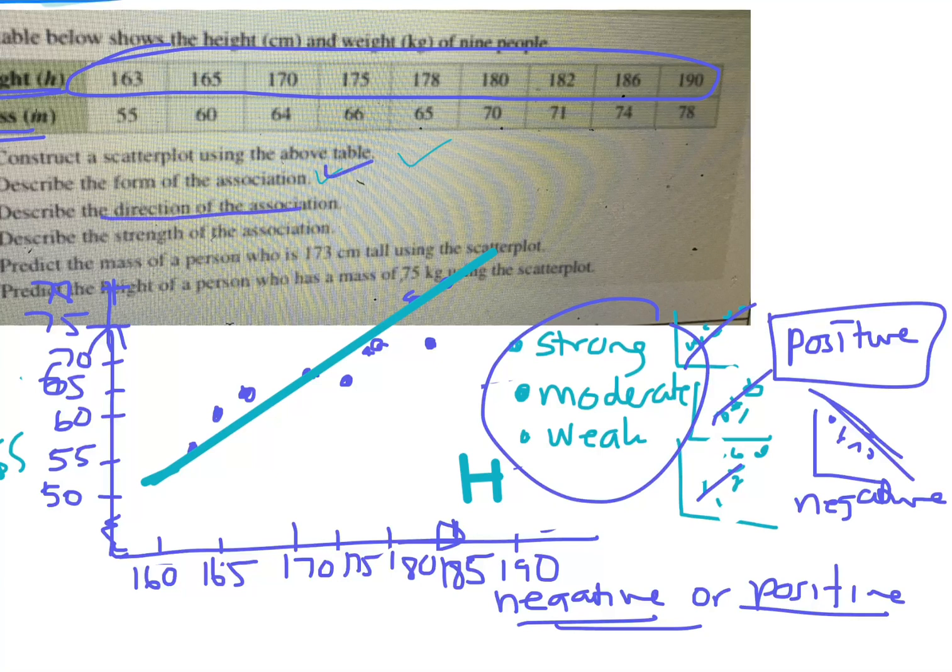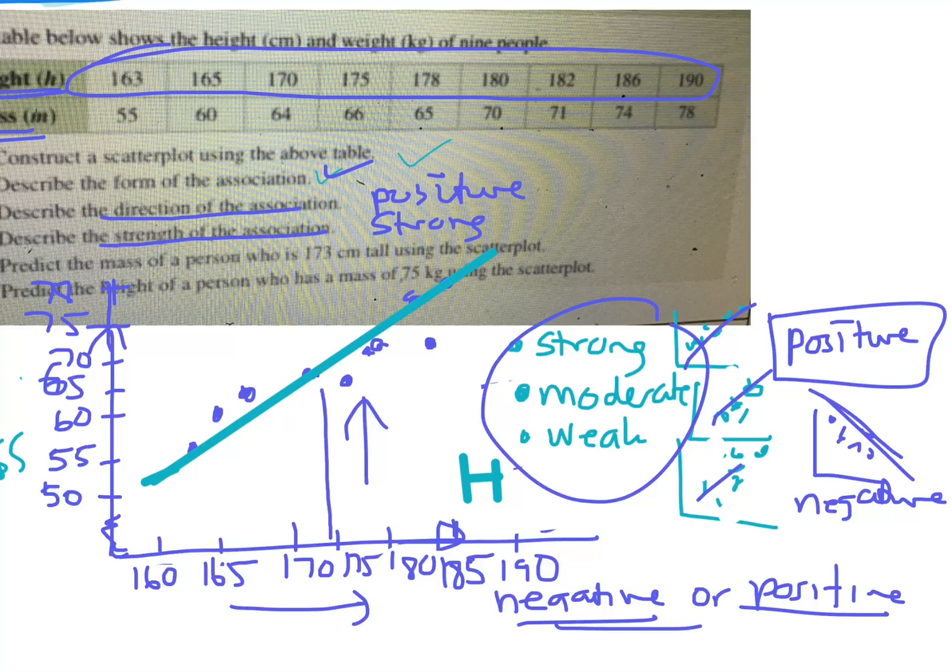Describe the direction. This is a positive direction because it is increasing. As the height increases, the mass will increase. Describe the strength. I think it's actually quite strong. Predict the mass of a person who's 173 centimetres tall.